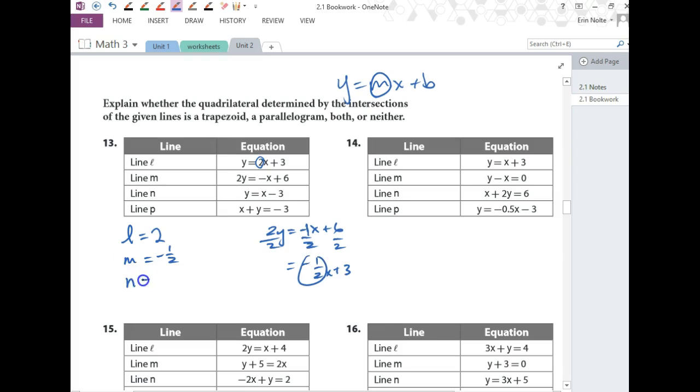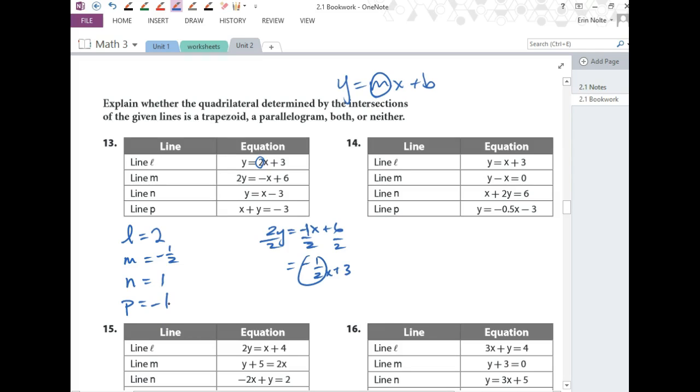Okay, what about N? What is the value in front of the x on it? 1. Very good. Okay, can you do P in your head? If you solve for y, what would you have to do with the x? Subtract it, so therefore the value in front of the x would be negative 1. Everybody okay with that?